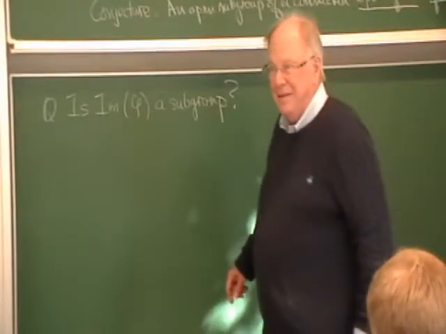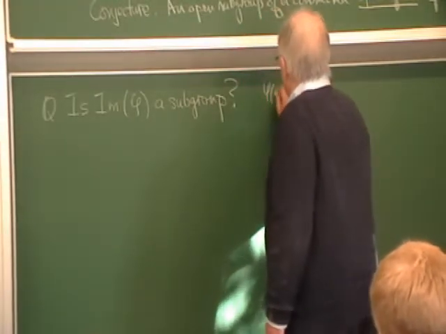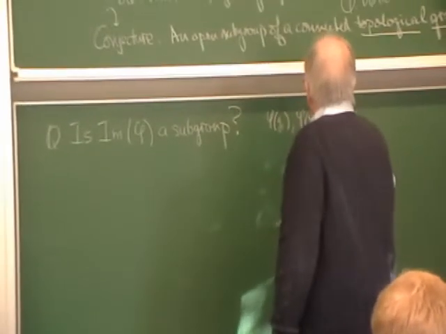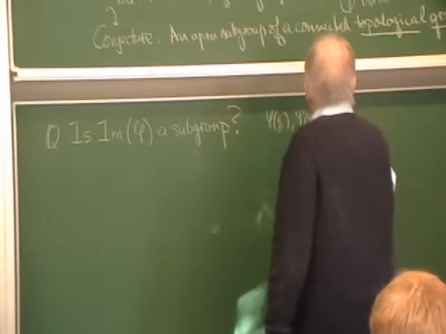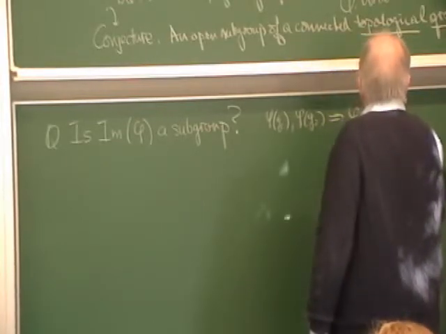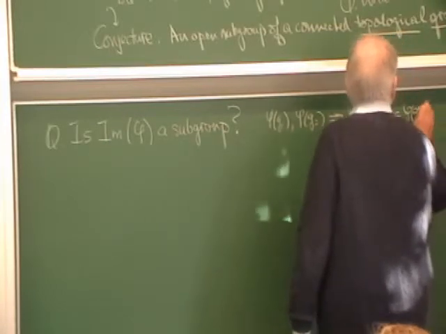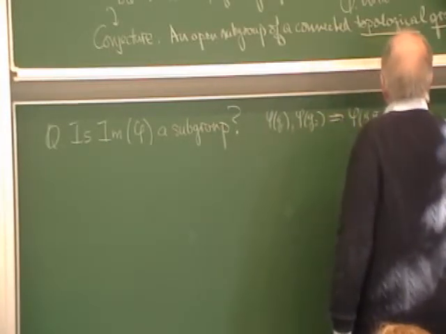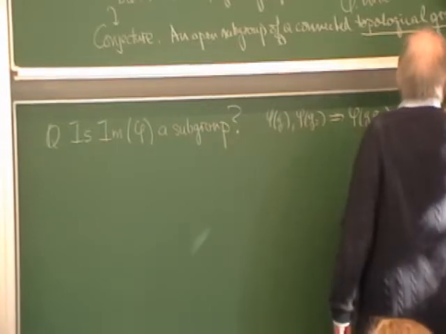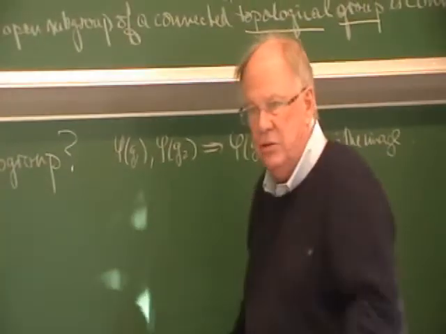Okay? It's completely clear. If you have 2 points in the image, then the product is also in the image. And inverses and all of this, you just check it.